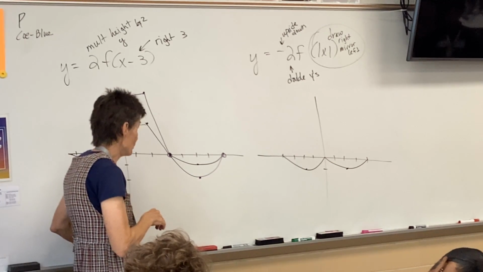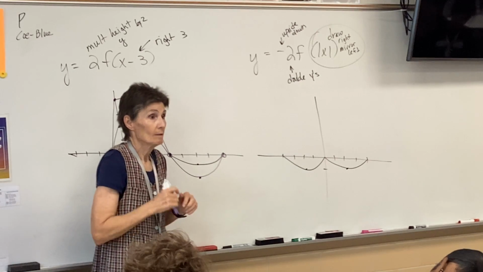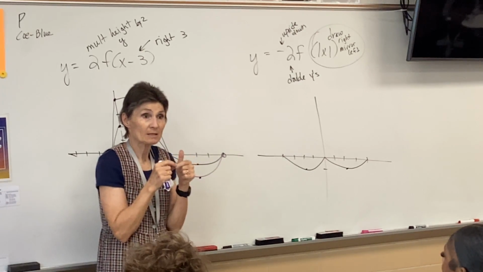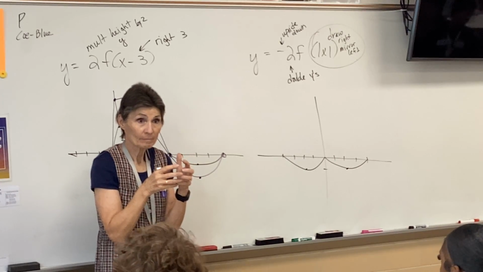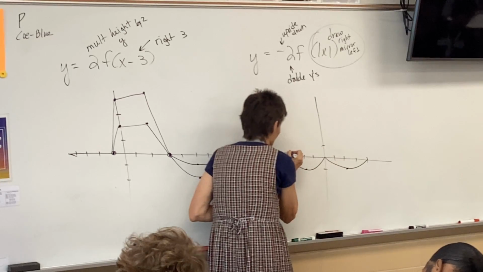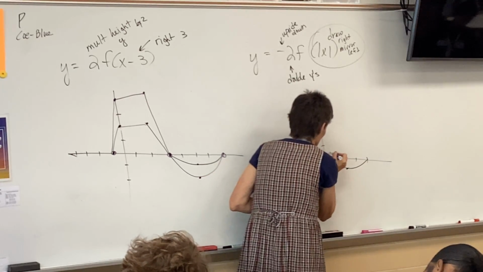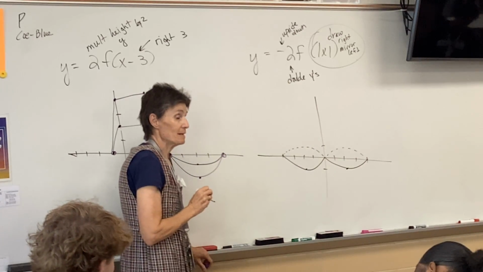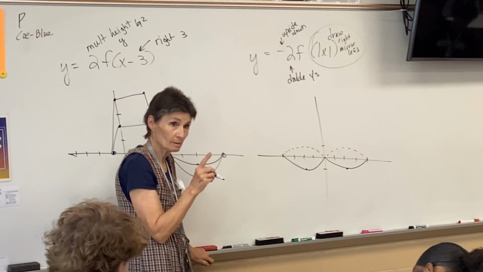Now, you said we had to flip it upside down and make it twice as tall. So if it flips upside down, it looks like that. But now it's got to be twice as tall.